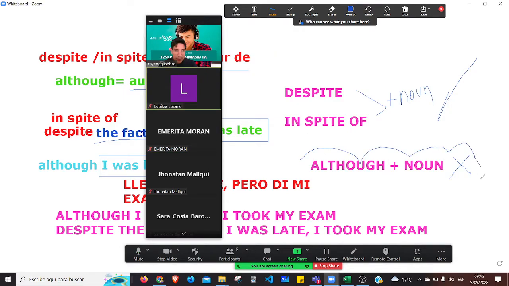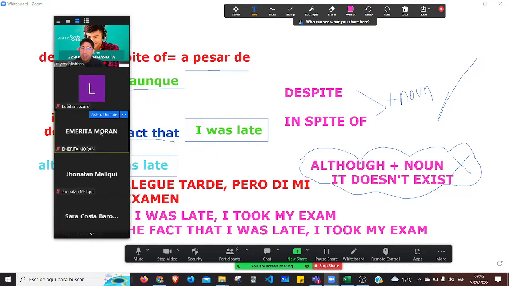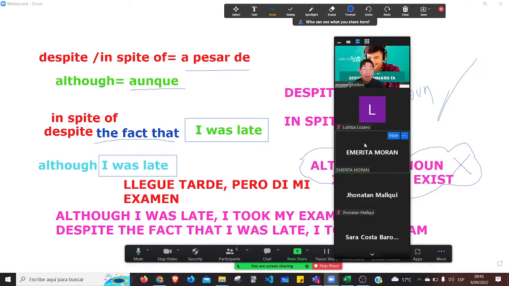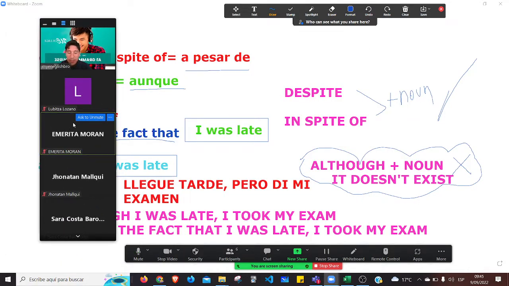No existe. Solo se usa con cláusulas. Although I was late. Solamente cláusulas. Okay? Ahora sí, ¿podemos practicar?